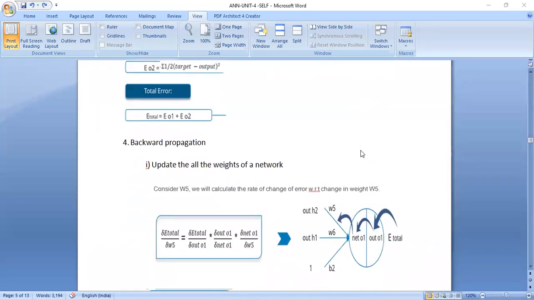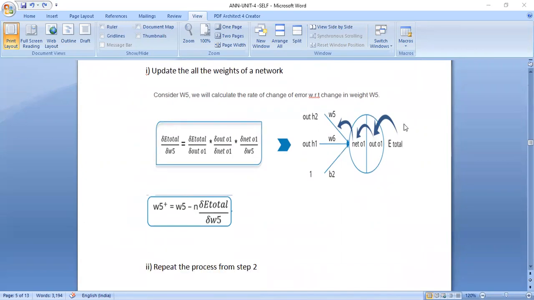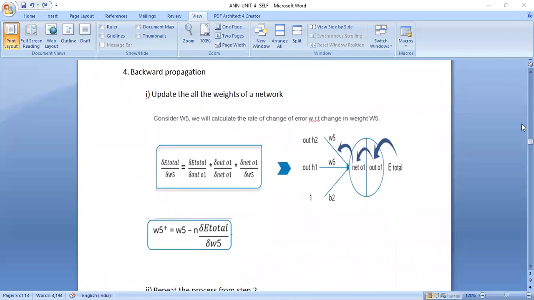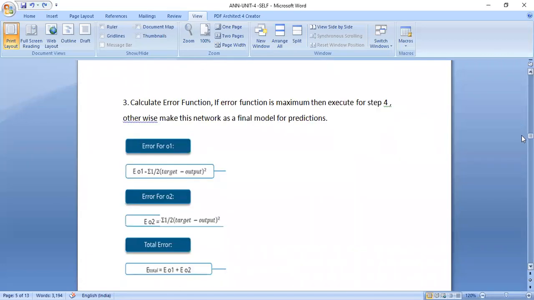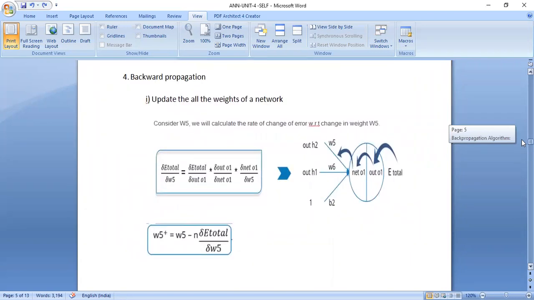So what is step 4 here? In step 4, backward propagation. Under backward propagation, what are we going to do?